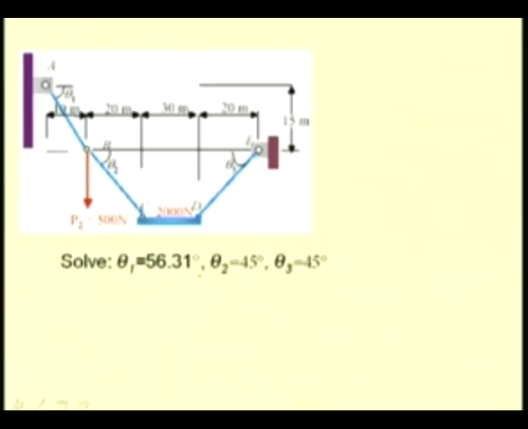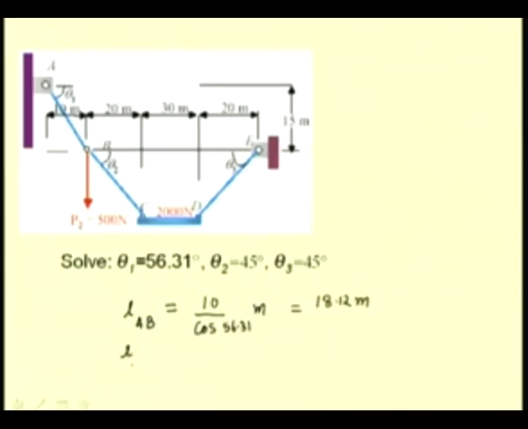Now, once we know these angles, we can determine the lengths, that is the length of the portion AB is equal to 10 divided by cos theta 1, 10 meters, which is the horizontal span, divided by cos 56.31. It is equal to roughly 18.12 meters.